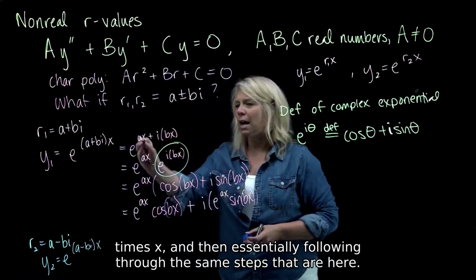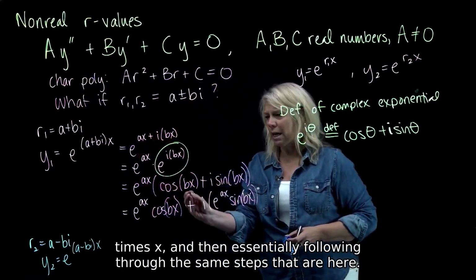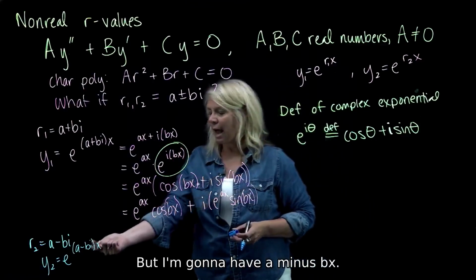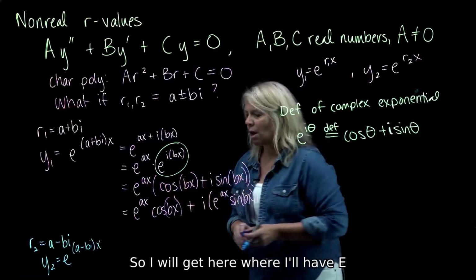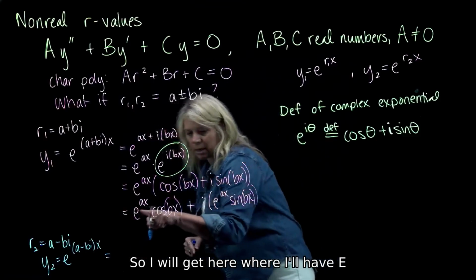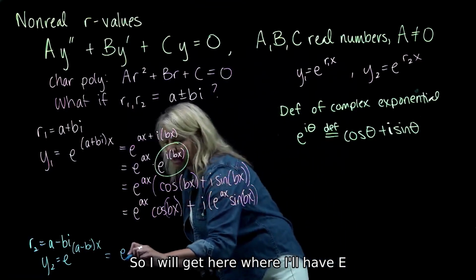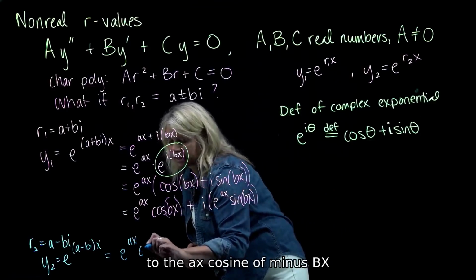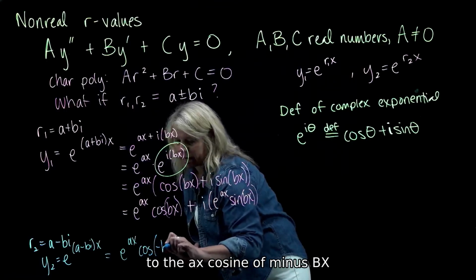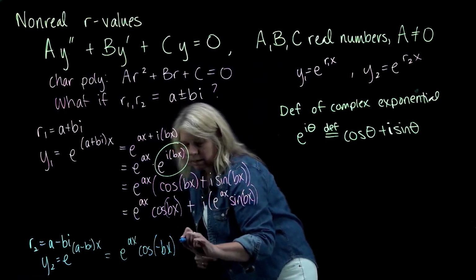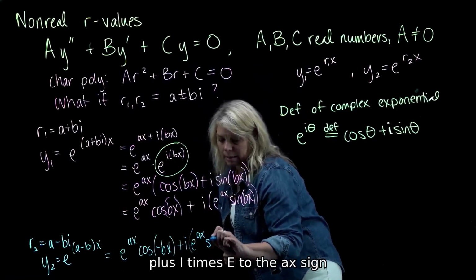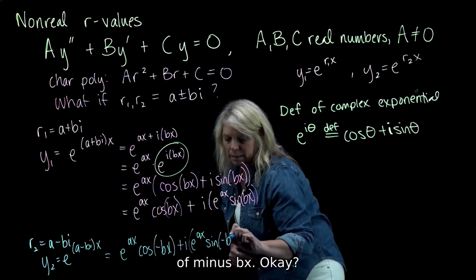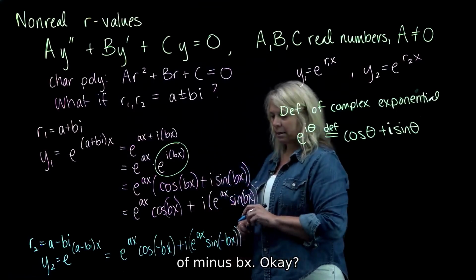And then essentially following through the same steps that are here, but I'm going to have a minus bx. So I will get e to the ax cosine of minus bx plus i times e to the ax sine of minus bx.